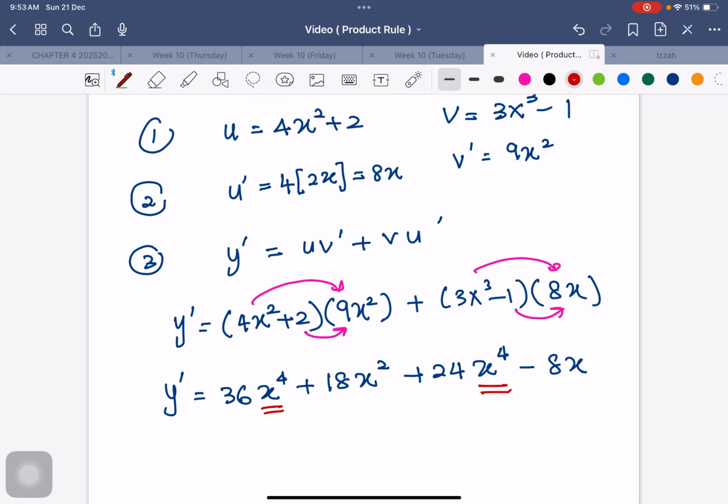So this is x power 4. So can you simplify? Boleh lah kan? So ni tambah kan? So apa yang akan dapat? 36 tambah 24, 60. 60x kuasa 4 tambah 18x squared tolak 8x. Okay, so this will be your last answer.